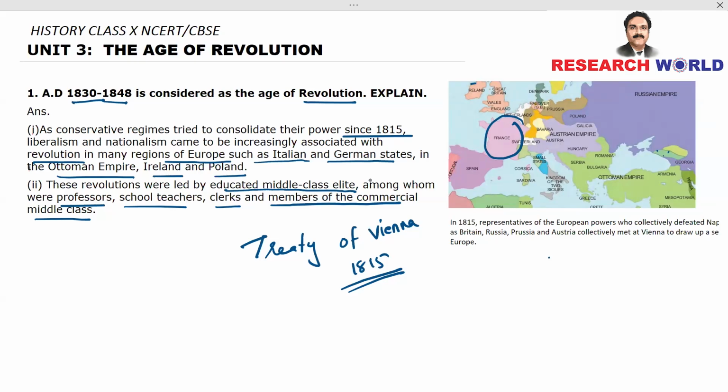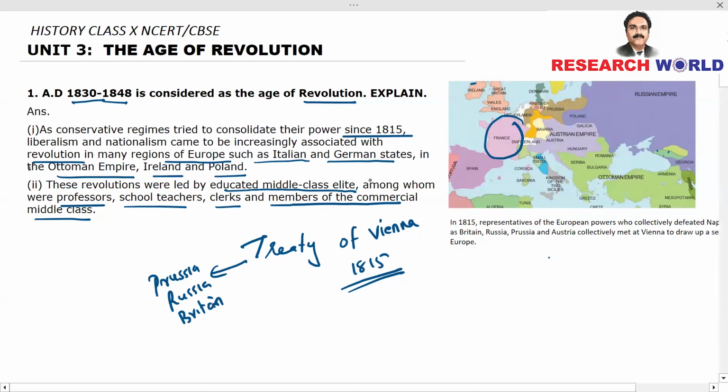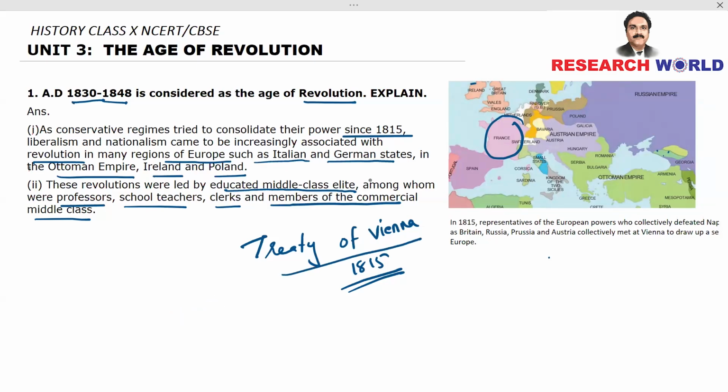And in this Treaty of Vienna, the 4 major European powers such as Prussia, Russia, Britain, and the Austrian Empire formulated the Treaty of Vienna, which eventually led to the conservatives coming back to power.